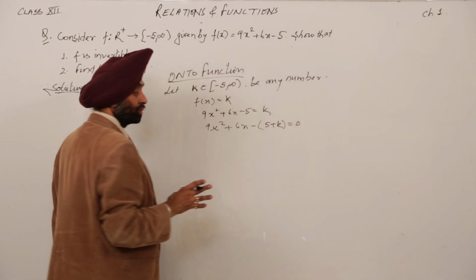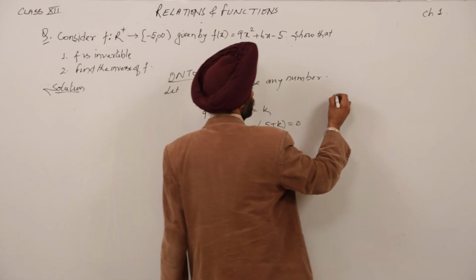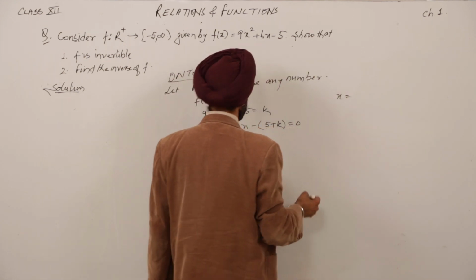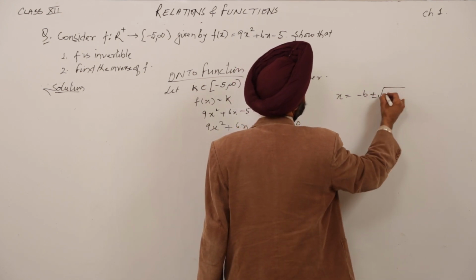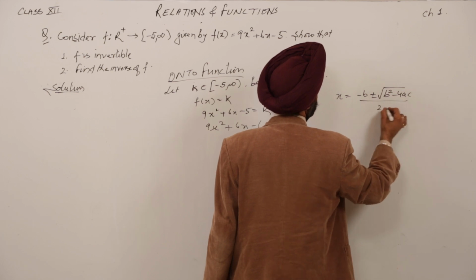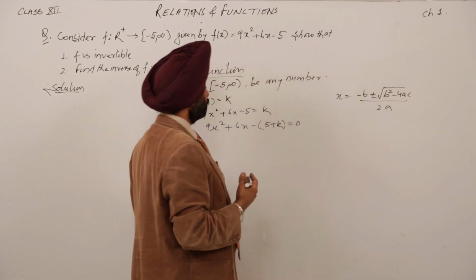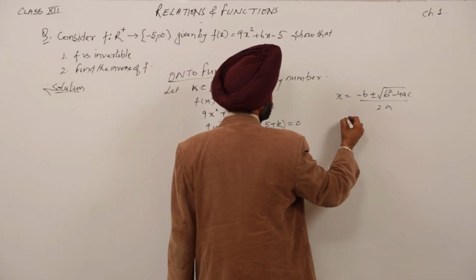Now we have the quadratic formula. If you remember, it's good. Yes, any one of you? Okay, good. It is x = (-b ± √(b² - 4ac)) / 2a. So I am directly putting the formula here. What are a, b and c?